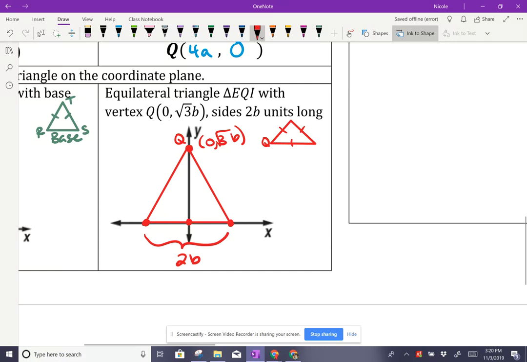So I is going to be sitting at positive b, or 1b, 0. And E is going to be hanging out at negative b, or negative 1b, 0. So we have our equilateral triangle. Each one of these sides is congruent to each other. So this is 2b long. EQ and QI would also be 2b long.